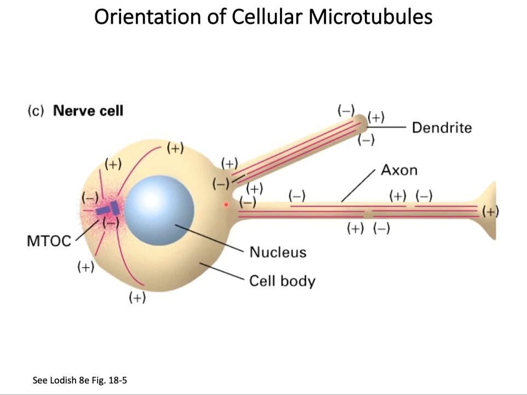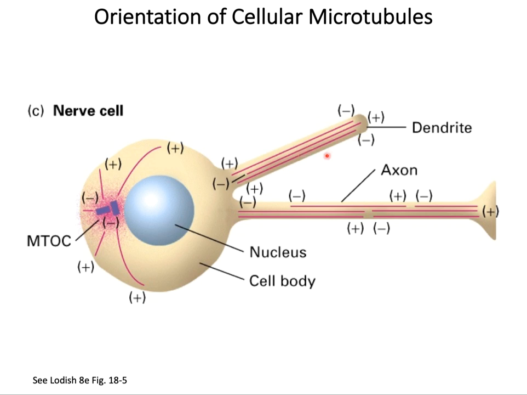You have a typical organization of microtubules in the cell body, where you have the organizing center that contains the centriole and the microtubules emanating from the organizing center. And then you have these very long-lived microtubules in the axons and the dendrites. Now, the first thing that you should notice is that there is no microtubule organizing center in the axons or the dendrites.